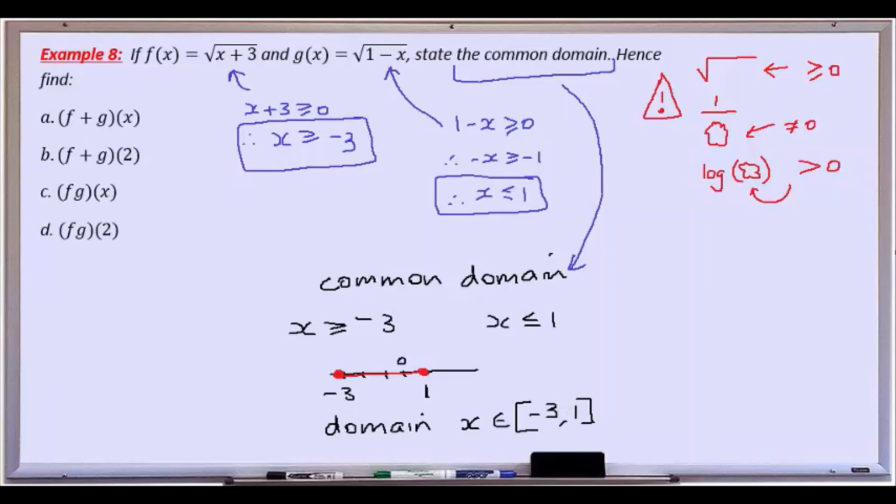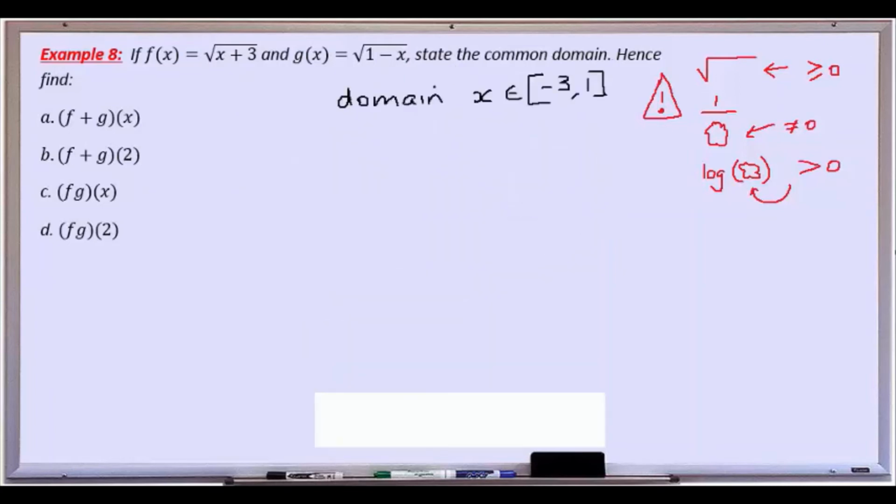So now let's work this out. Our first question, part A, asks for f plus g of x. So now let's add up our two functions. We'll have the square root of x plus 3 plus the square root of 1 minus x.